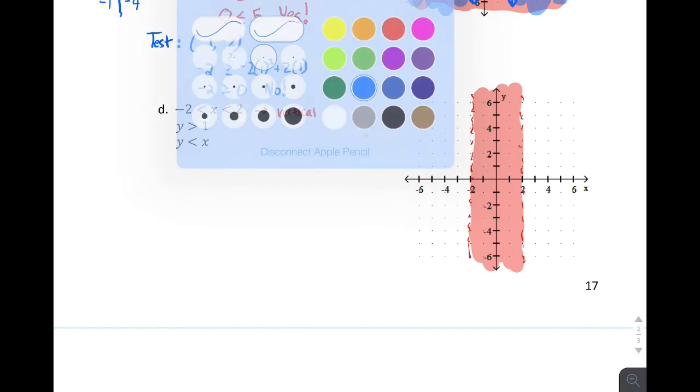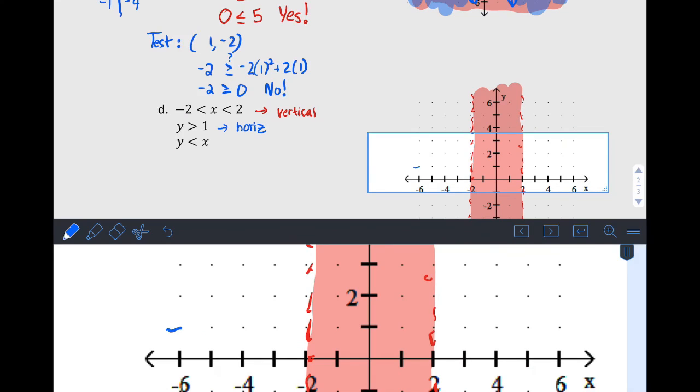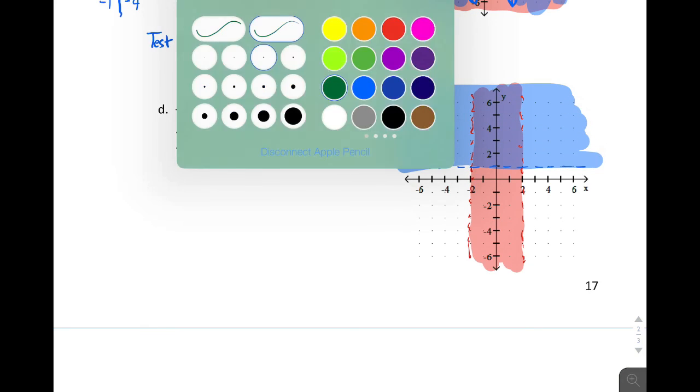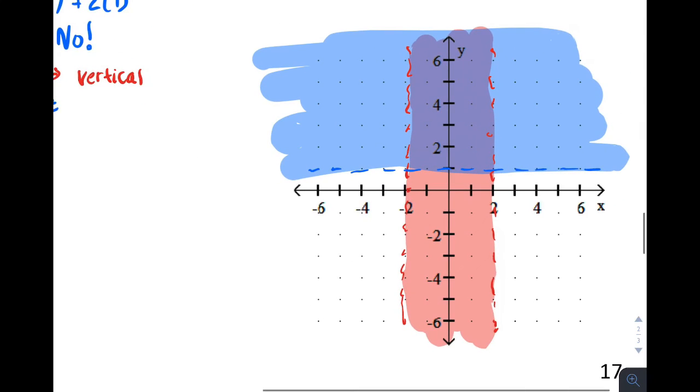Second one is, if you think y equals 1 as your boundary, a horizontal line. And if we're talking about all the points that have y values bigger than 1, those points would be above that boundary line. Last but not least, we have y is less than x, which is just a plain old line with a y-intercept of 0, 0, slope of 1.